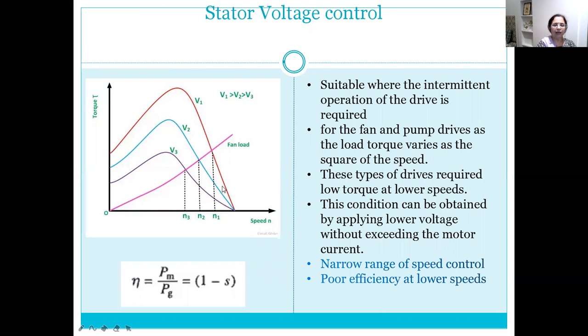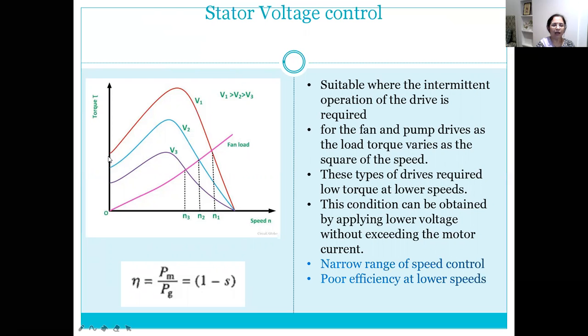Now if we look at the stator voltage control, we can look at the torque-speed characteristic of the induction motor at variable voltages. If we consider V1 to be the normal stator voltage, the rated voltage, we keep on reducing this.